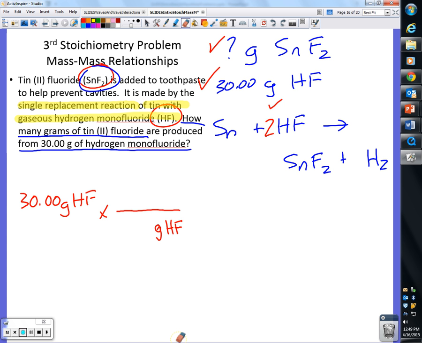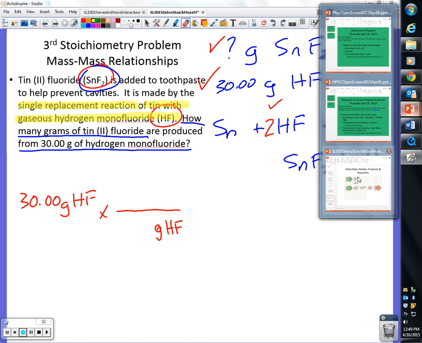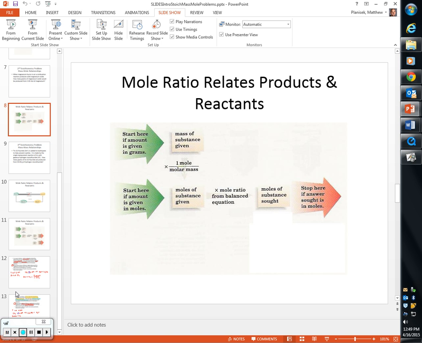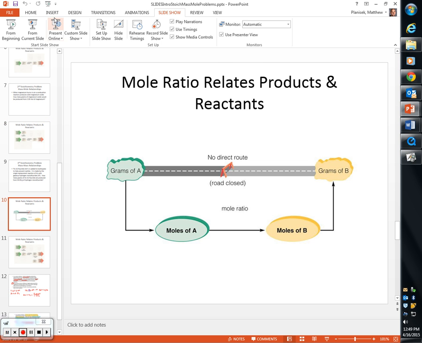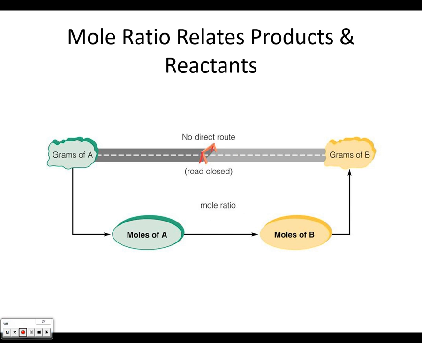Right next to where you're working on your sheet, you have this awesome graphic that clearly shows you cannot go from grams of A to grams of B. Road closed. I don't know how to make it any more clear than this.